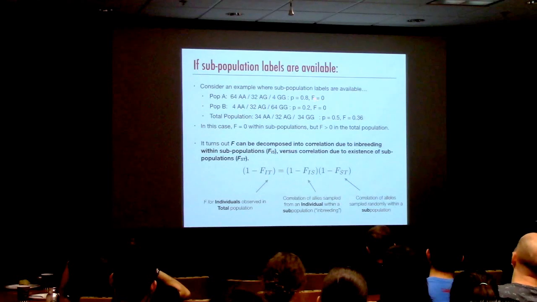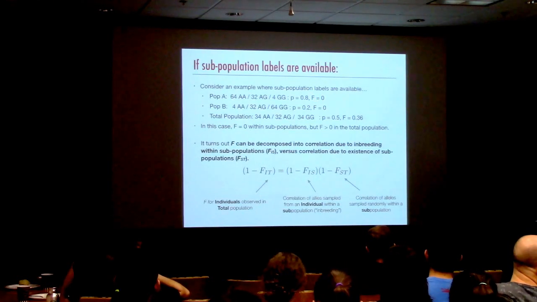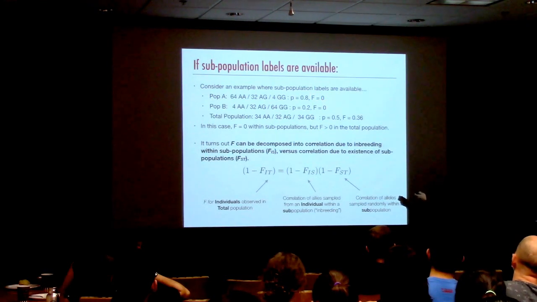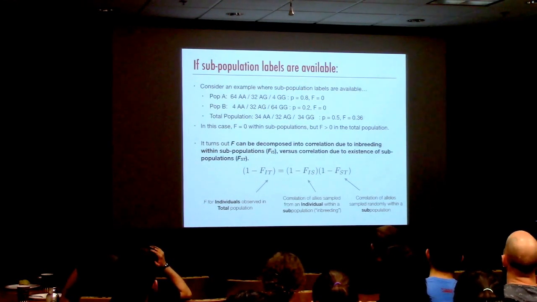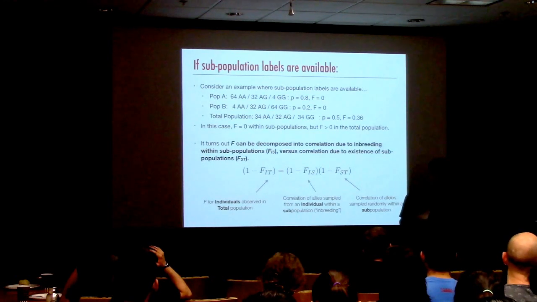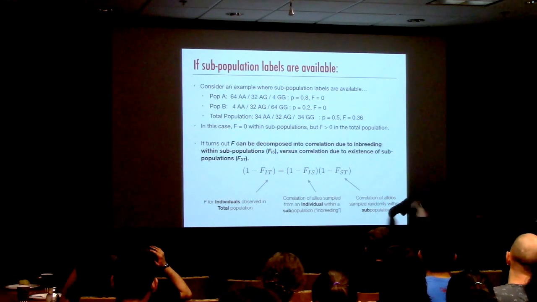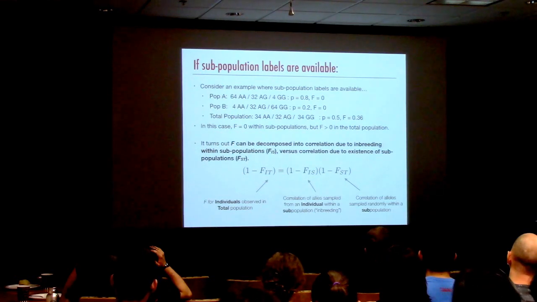So if we had seen F not equal to 0 here, then we would maybe guess that there is something else contributing to the excess of homozygosity, and that could be inbreeding. If individuals are mating with their cousins, that will lead to an excess of homozygotes that doesn't have to do with population subdivision.